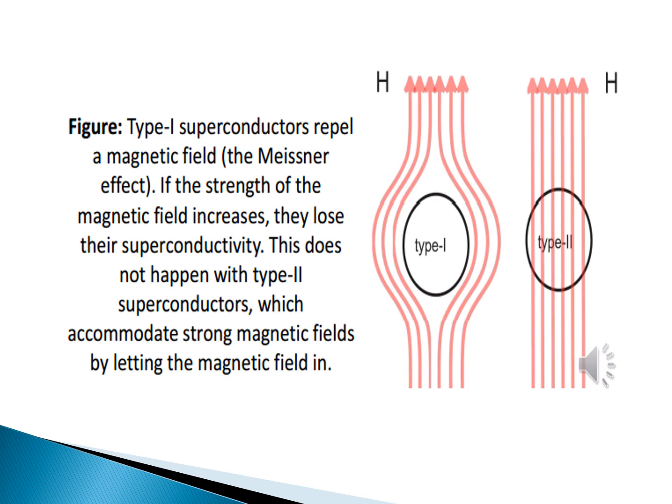When we increase the strength of the magnetic field in type 1, they will lose their superconductivity. But this does not happen in type 2, because they do not have diamagnetic behavior.